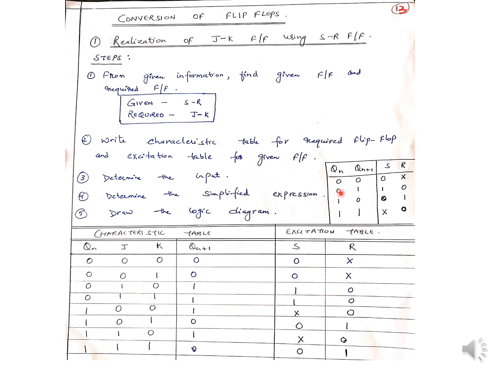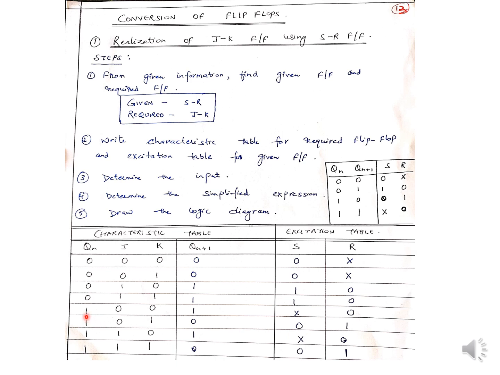So what is S and R? 1 and 0. So I have written here 1 and 0. In the next one, Qn is 0 and Qn plus 1 is 1. So what is S and R? It is 1 and 0. So I will write here 1 and 0.